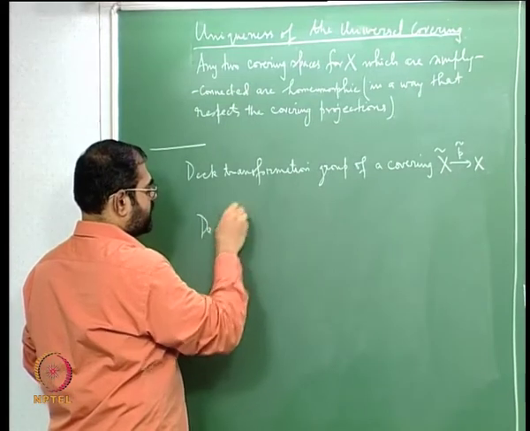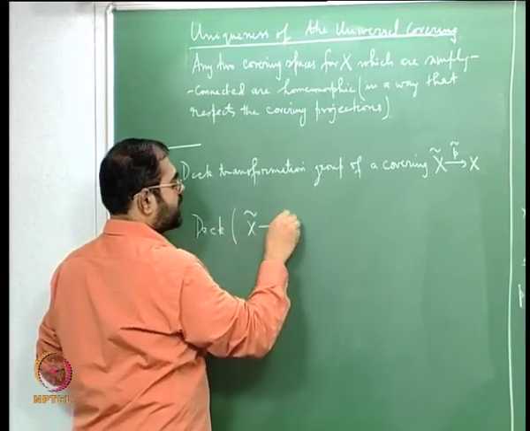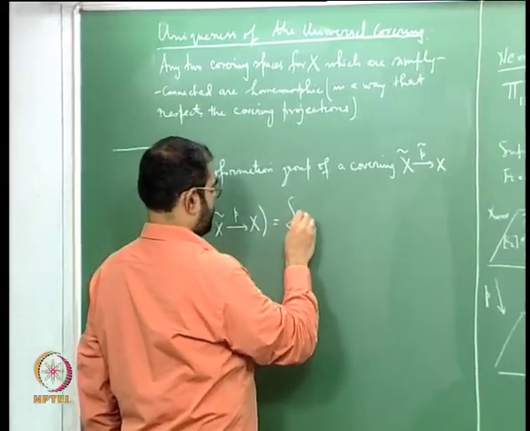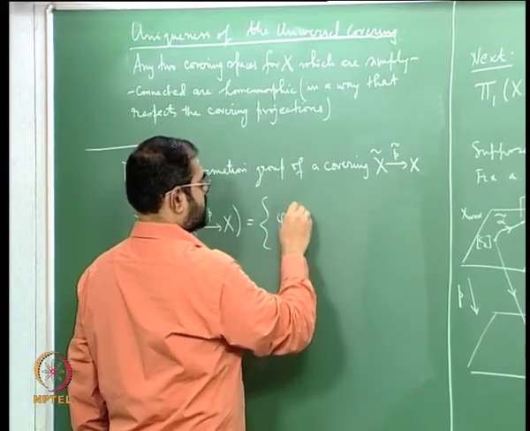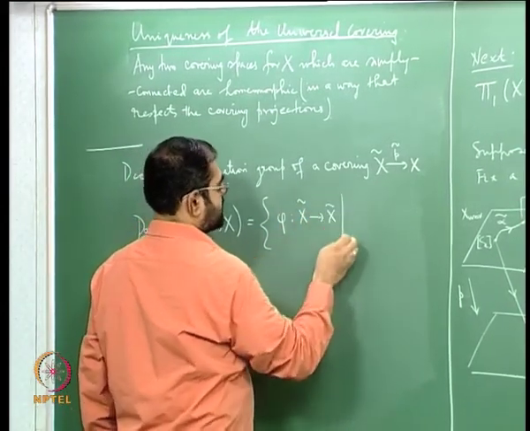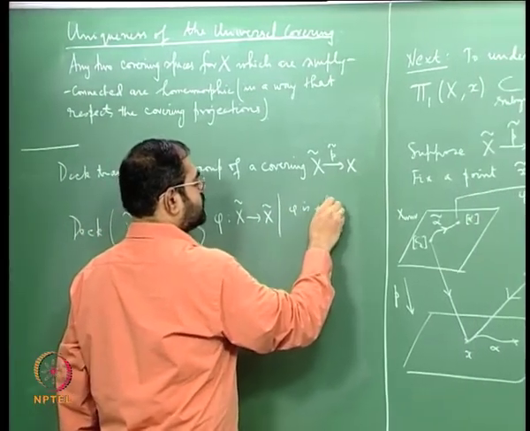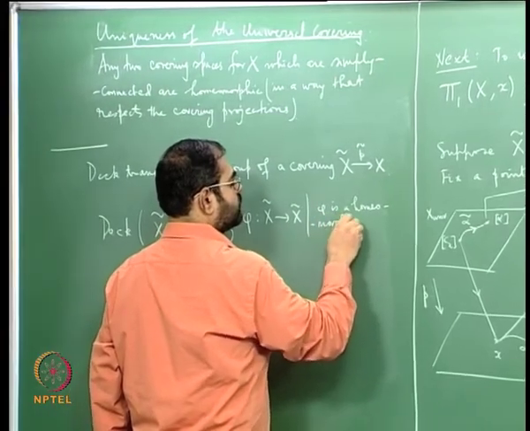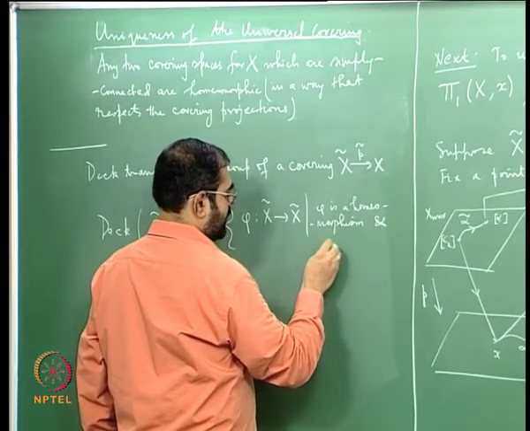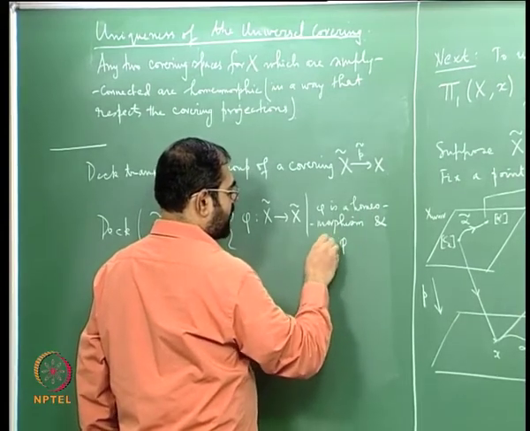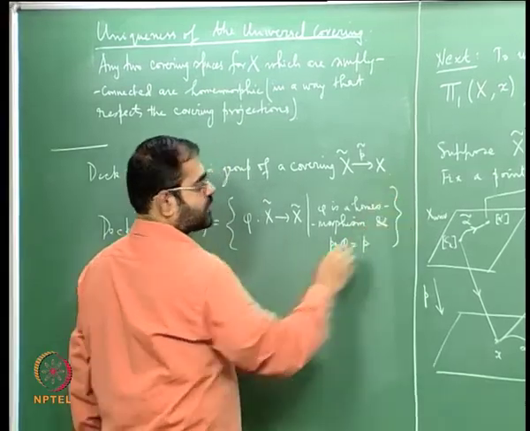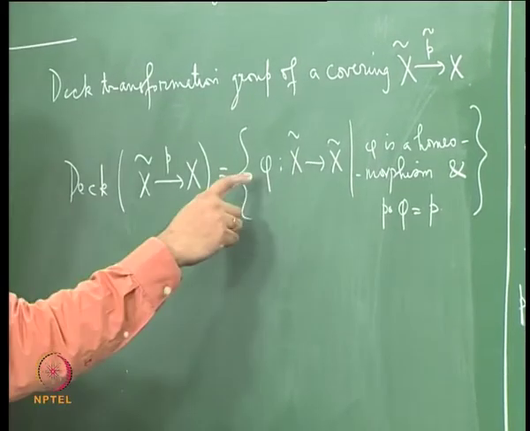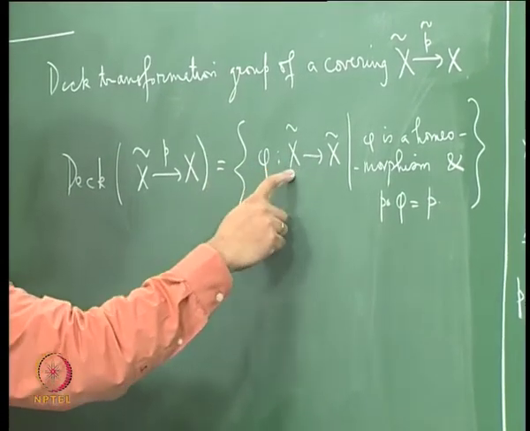The notation that I am using is the following: Deck(X tilde, X, p) is the set of all phi from X tilde to X tilde such that phi is a homeomorphism and phi respects the projection, namely first apply phi, then apply p, you get back p. So basically the diagram is like this.